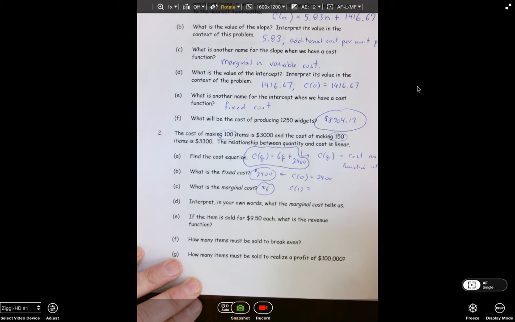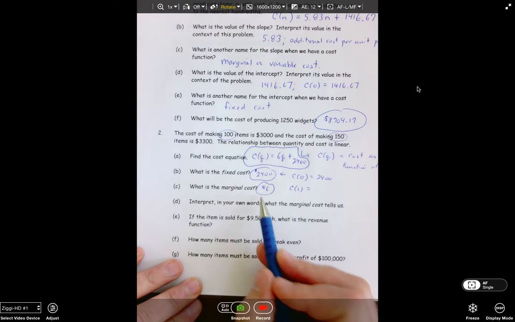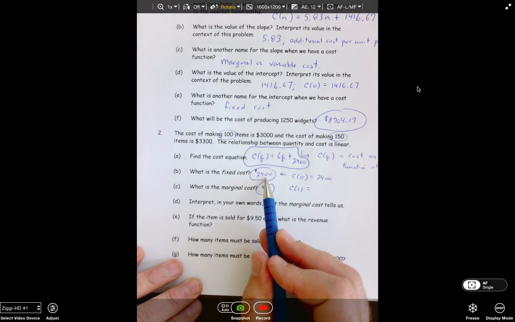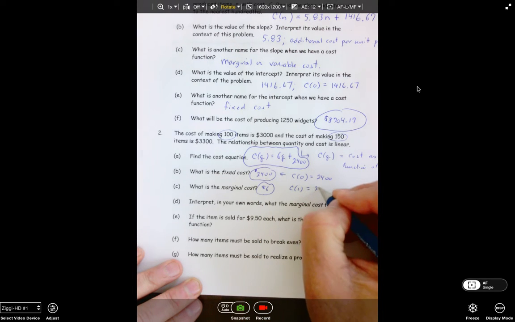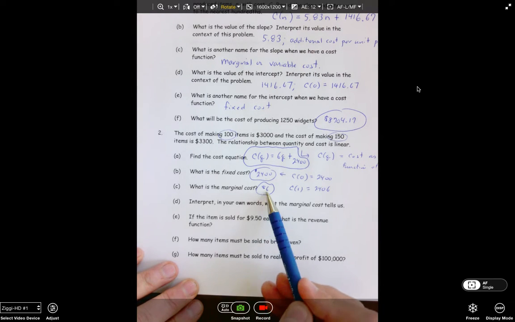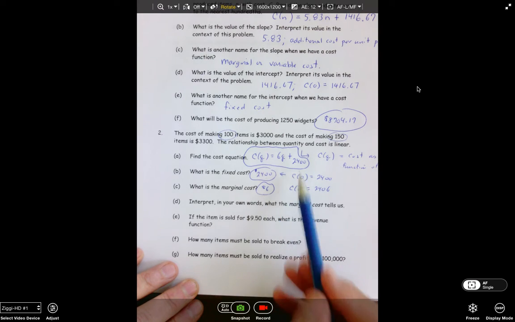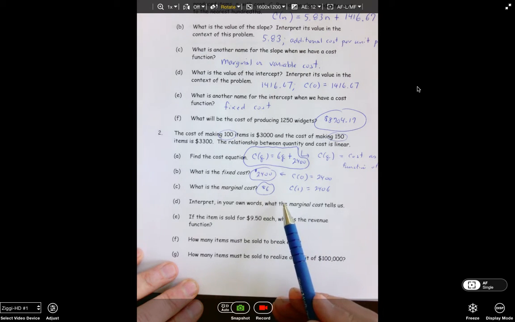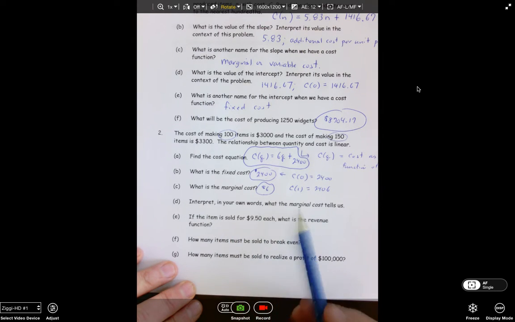Without even doing any plug and chug. Well, it's going to be $6 more than I started out the day with my cost. So guys, without even thinking, I know that C of 1 is going to be 2,406 because I've produced one additional item going from 0 to 1. Okay? So marginal cost, we've gone over that.